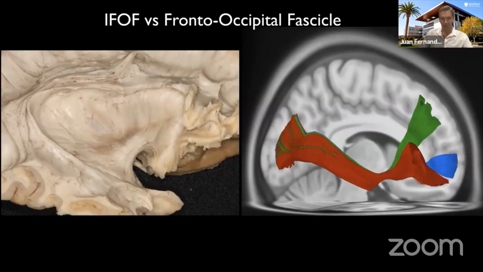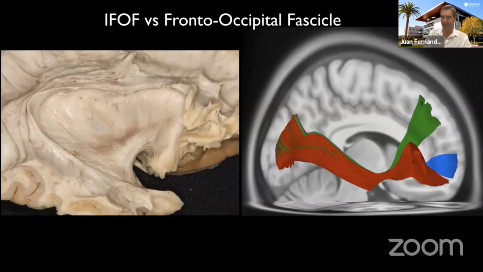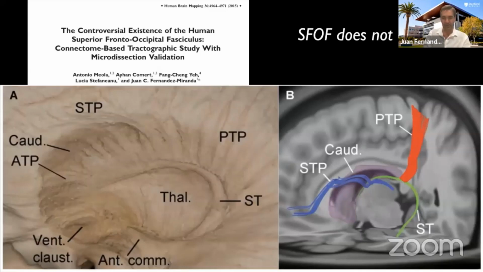There are other tracts that are also interesting and controversial, such as the inferior fronto-occipital fasciculus you heard about, and we also studied it and different segmentation patterns. But I wanted to go back and ask, should we call this the inferior fronto-occipital or just the fronto-occipital fascicle? If you remember, Dr. Ture's first paper on the superior fronto-occipital fasciculus was an anatomical study showing that the fasciculus doesn't really exist.